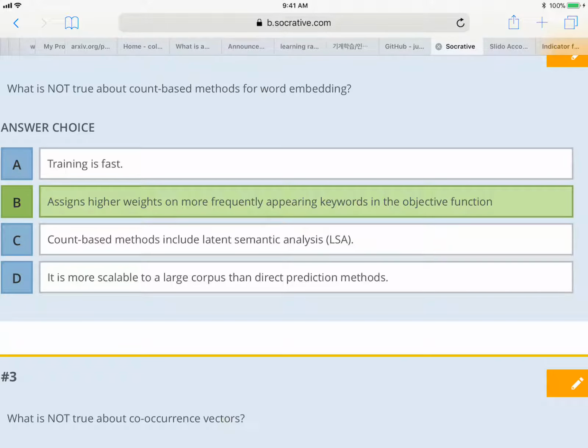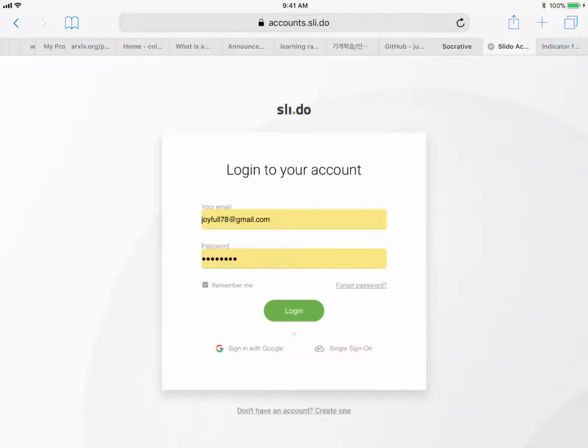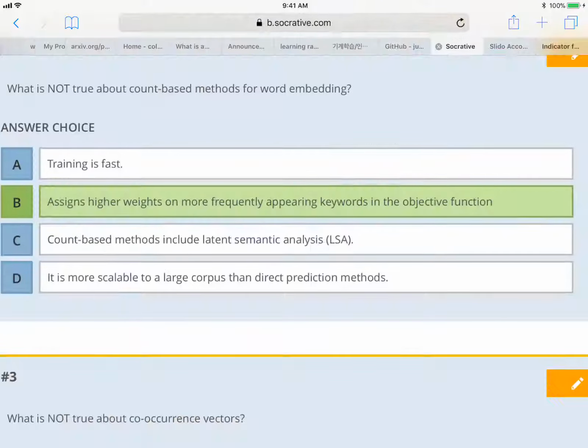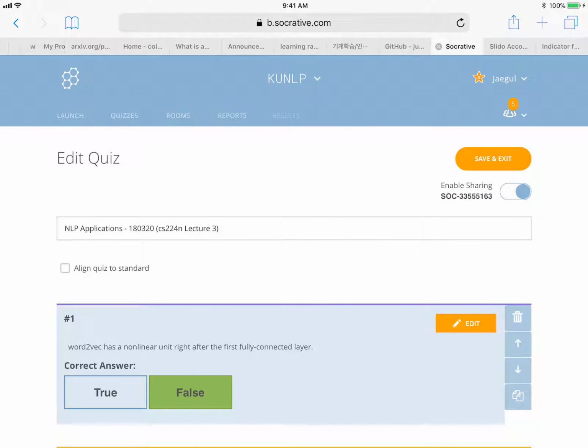So yeah, it's about count-based and prediction-based methods. Let me see what kind of answers you guys had.